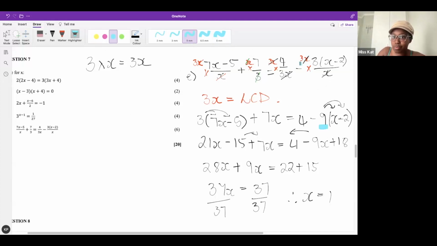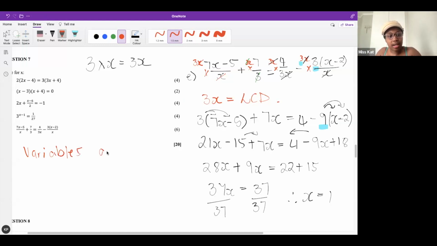Okay, that 9 comes from this 3 that was left over times the 3 that was already there. Okay, and then we solve for x. Remember, when you solve for x, variables on one side and constants on the other side. So variables on the left, constants on the right, there we go.